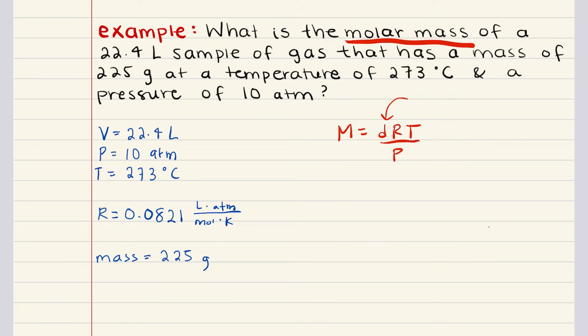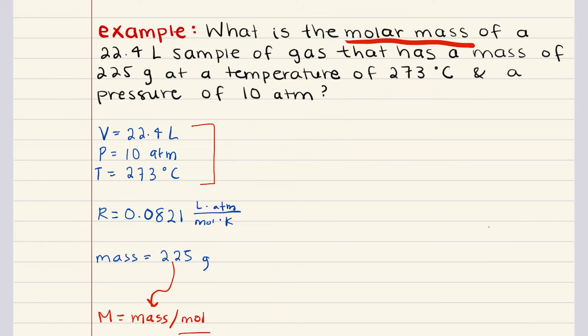So this is not the correct equation to use. Instead, let's remember what molar mass is equal to. Molar mass is equal to mass divided by moles. We're given the mass, and we're actually given just enough variables to use our ideal gas law to figure out moles. And that is the tactic we want to use to solve this problem.